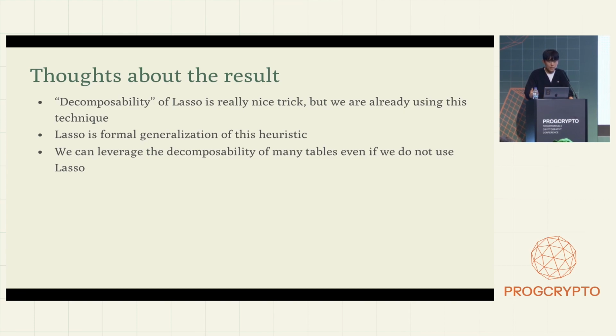So we were already using some kind of this heuristic. And lasso is quite a formal generalization of this technique. Then we can leverage this decomposability property of many tables, even if we do not use lasso. So I think the more important thing is the decomposability of the table.